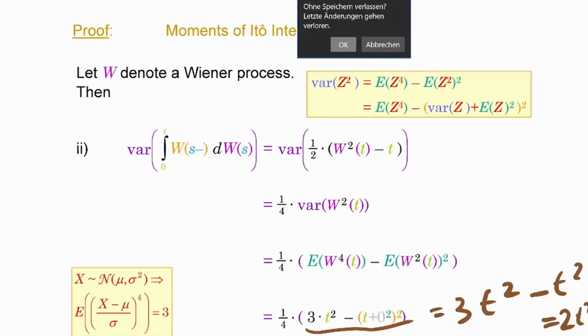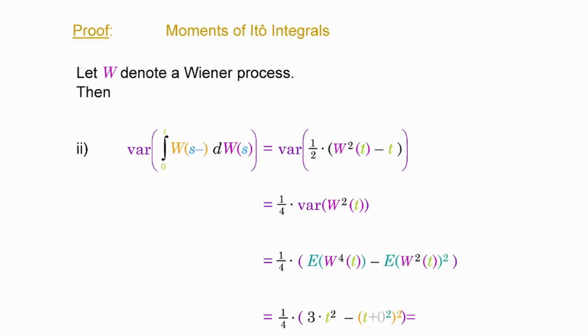That was the statement I was making. If you clean this up, it is 1/2 times t squared, and that is the variance of the Ito integral. You see that, guys? But you need to have the fourth moment. In case you need this for the exam, I will give you a hint.